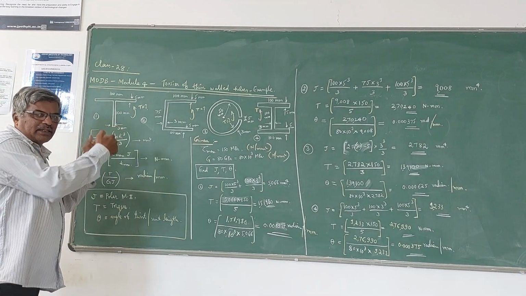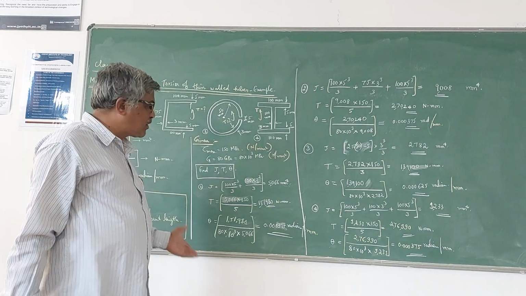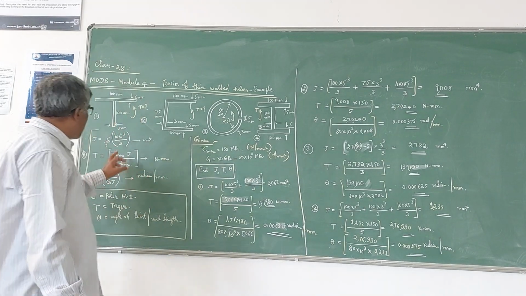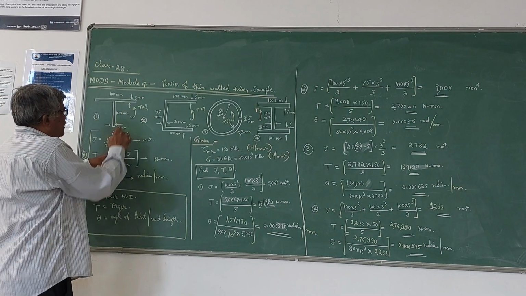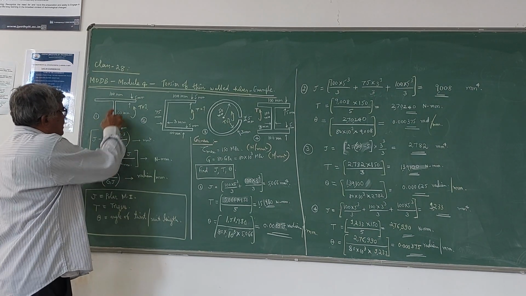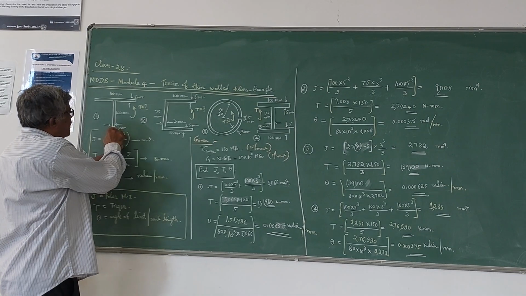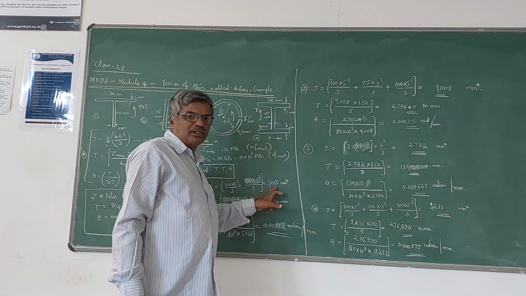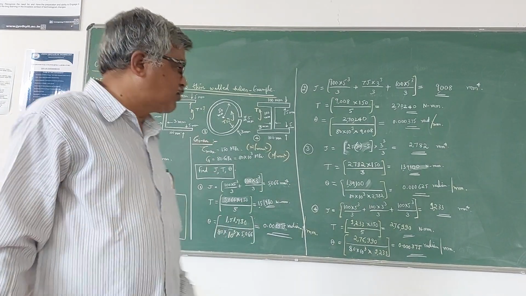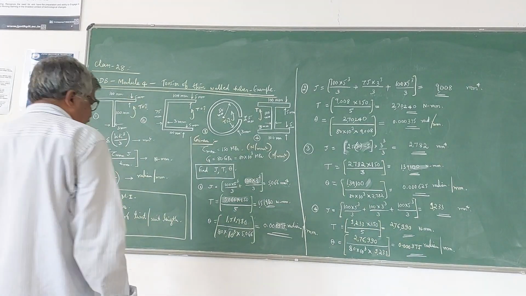Please note that thickness may vary; in this problem thickness is varying. So b_i t_i cube by 3 means for the first rectangle it is 100 into 5 cube divided by 3, plus for the second rectangle it is 100 into 3 cube divided by 3. That's what I have substituted here. You will get 5066 millimeter power 4. That is the unit of polar moment of inertia.